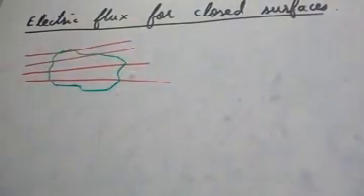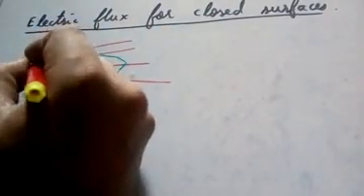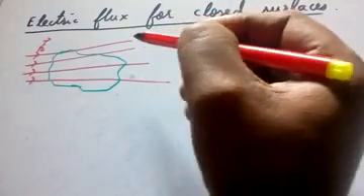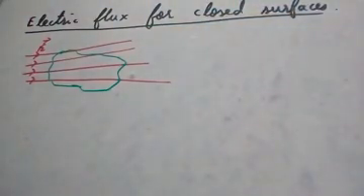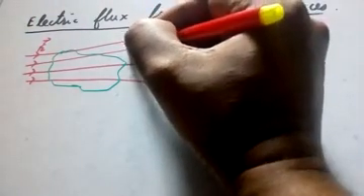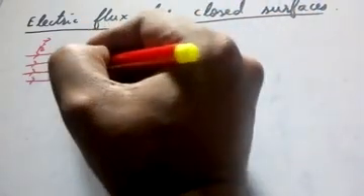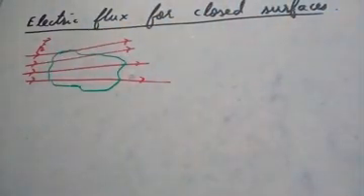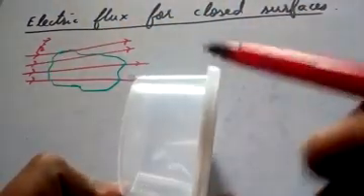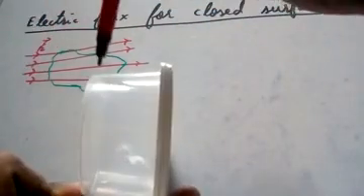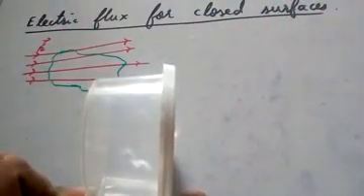Now notice that the electric field is E, and the surface has area A, and the electric field lines go outside also. They come into the surface and they go outside, the same way as with this box. Imagine the electric field comes from the left side and goes out from the right side.